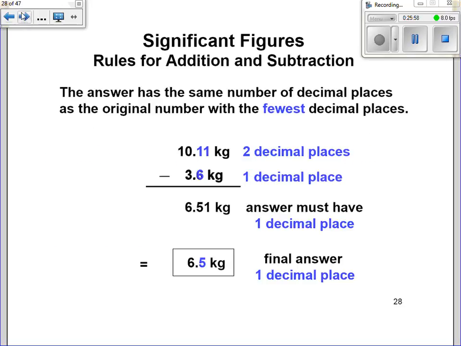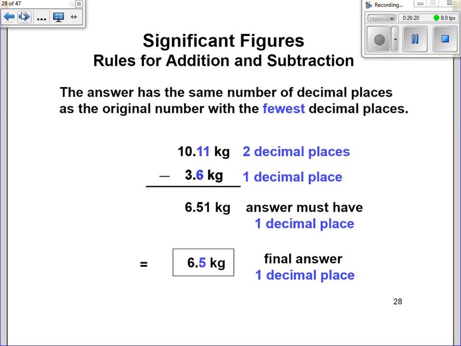Addition and subtraction. Your answer has to have the same number of places after the decimal point as your measurement with the least number. So it's different for addition and subtraction. So here I have 10.11, 2 decimal places, 3.6, 1 decimal place.